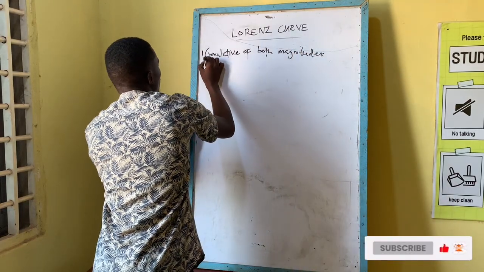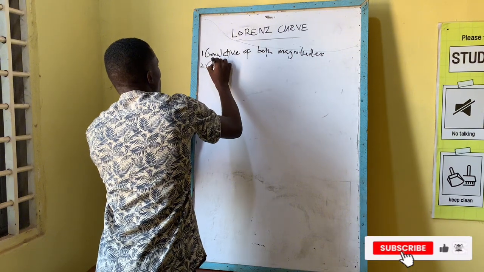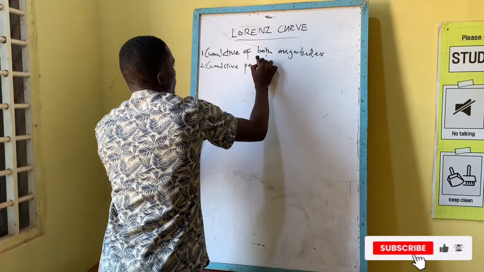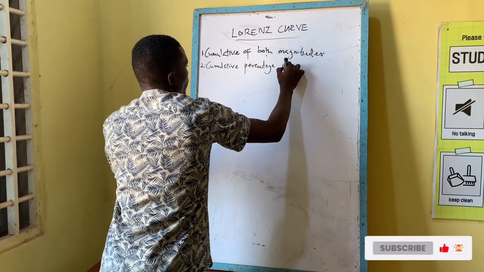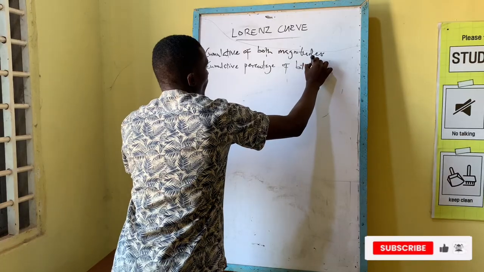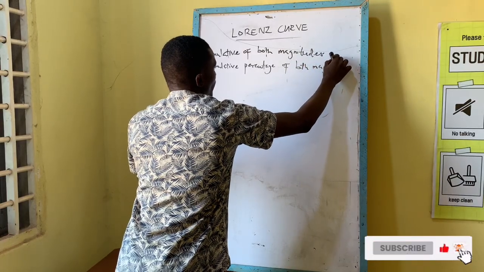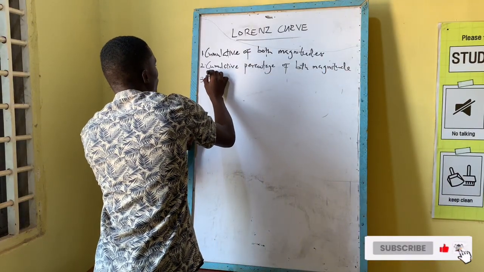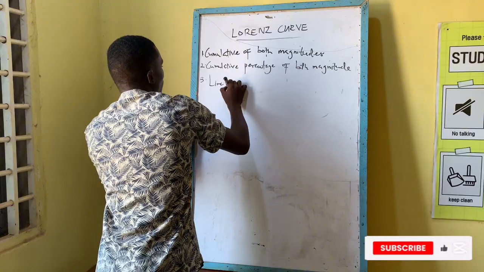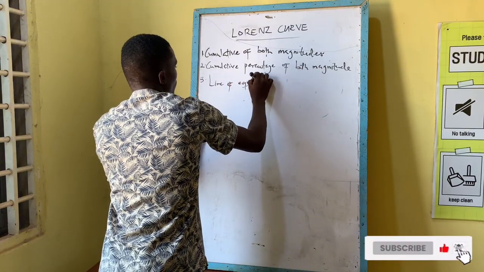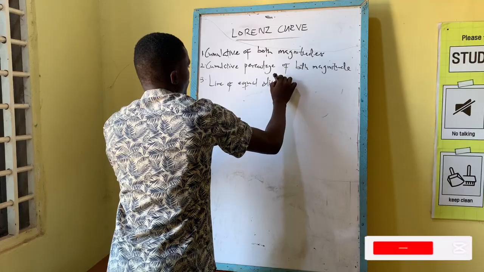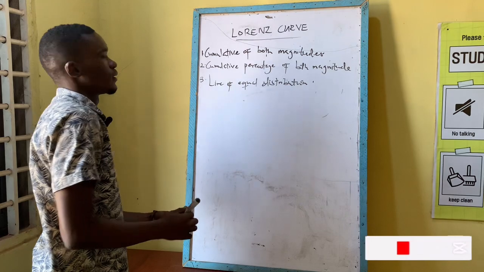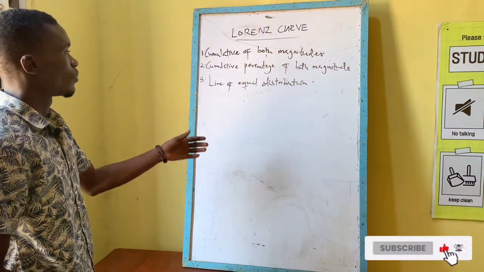The second is you find the cumulative percentage of both magnitudes. And the last one, you construct your line of equal distribution. So these are the three things that you have to know. Let's take them one after the other.